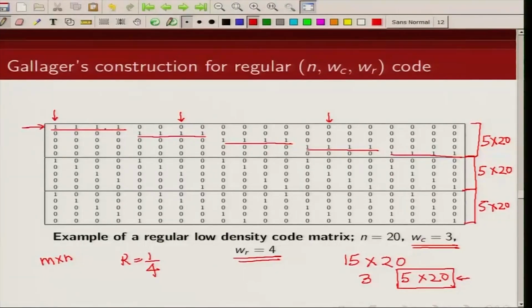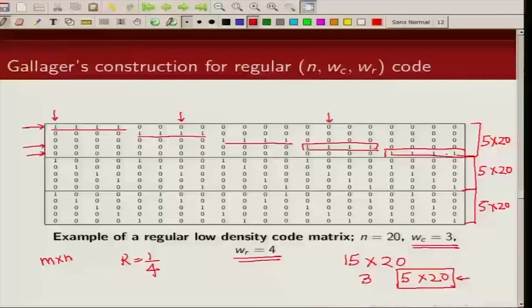You can check, this has 4 ones, this has 4 ones, and this has 4 ones. So what you have created is a sub matrix which has column weight 1 and row weight WR.